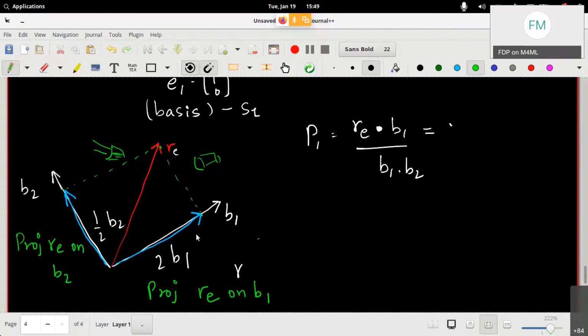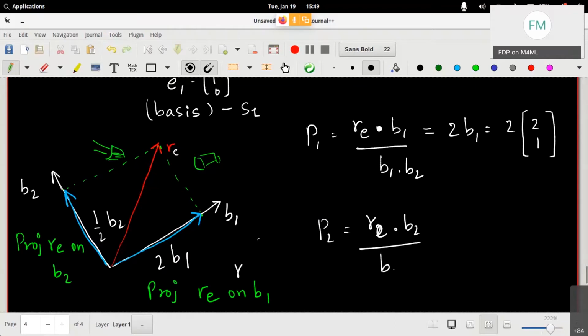Now when you do that, what you get is 2 times B1, so that's 2 times 2 and 1, and then you take the second projection vector, so that's RE times B2 over B2 dotted with B2 itself. So you get half of B2, so that's half of minus 2 and 4.